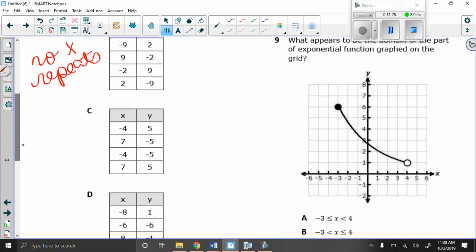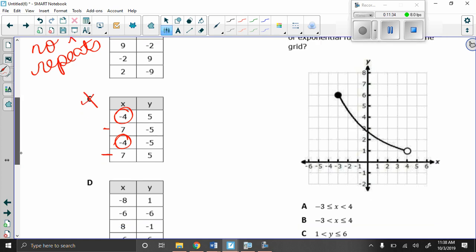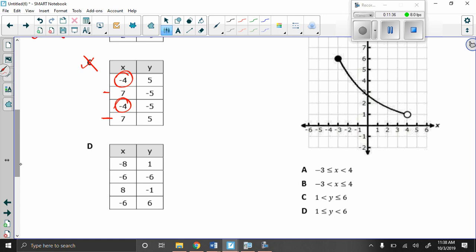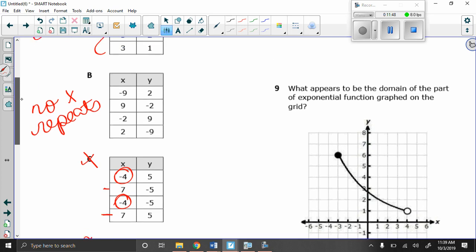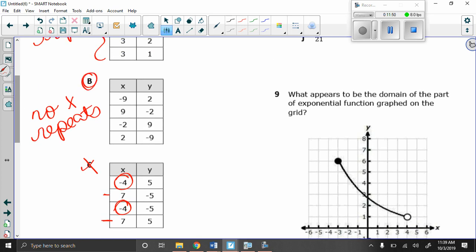Right here, -4 repeats and 7 also repeats. So C is not the correct answer. And then if we look at D, -8 does not repeat, but -6 repeats, so D is not the correct answer. So that means that B was the correct answer choice because no x repeats.